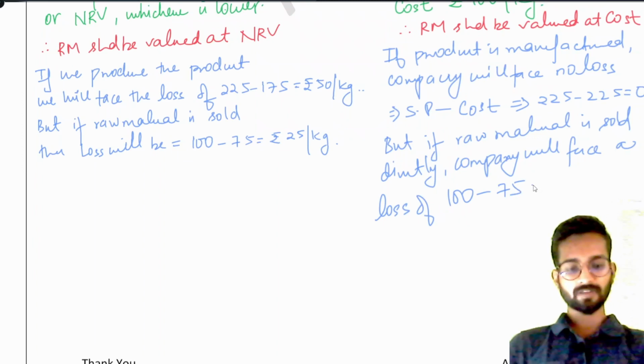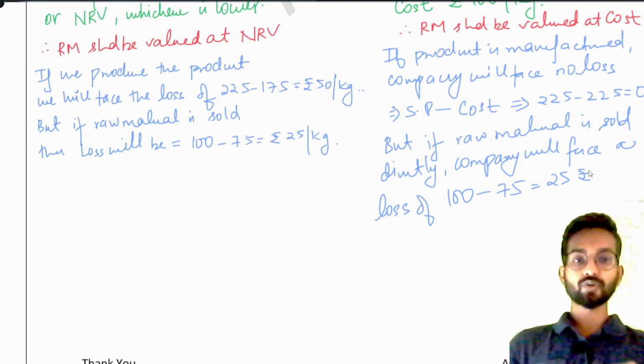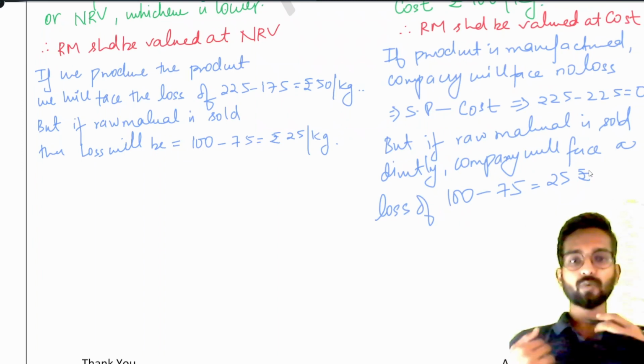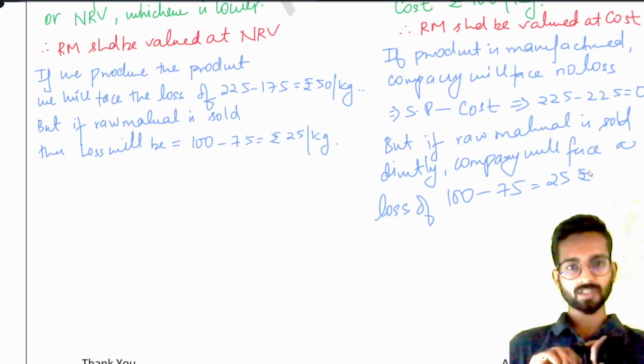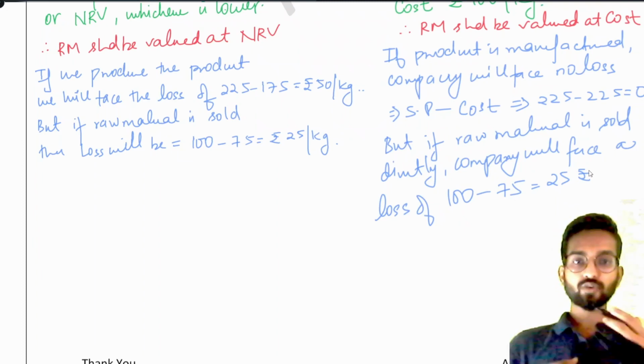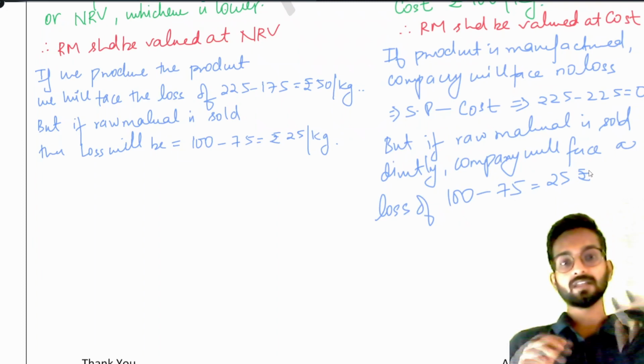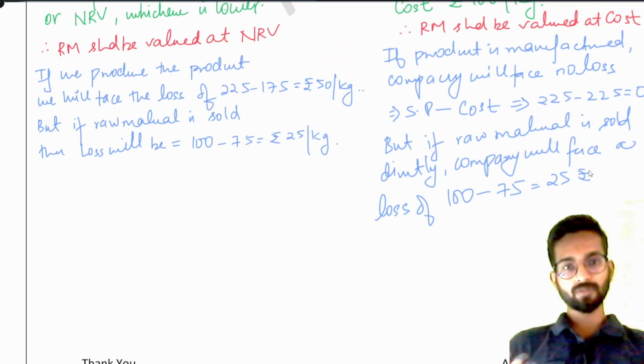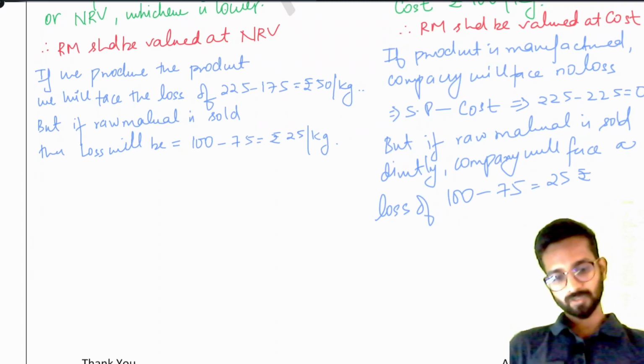That is our net realizable value. It means 25 rupees loss will be there. So we should produce the product. Okay. If I sell the raw material directly in the market, I am facing the 25 rupees loss. But if I convert that into finished goods and then I sell in the market, I will face zero loss. So we should produce the product. Understood?